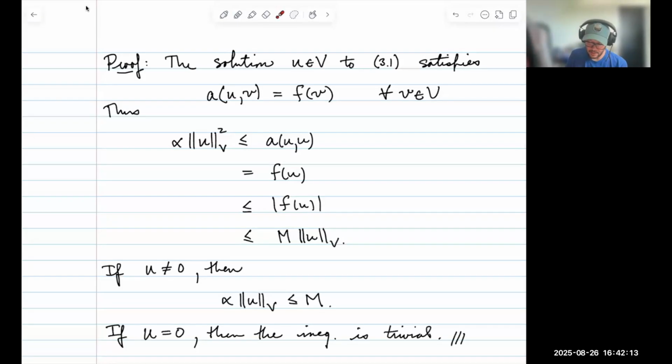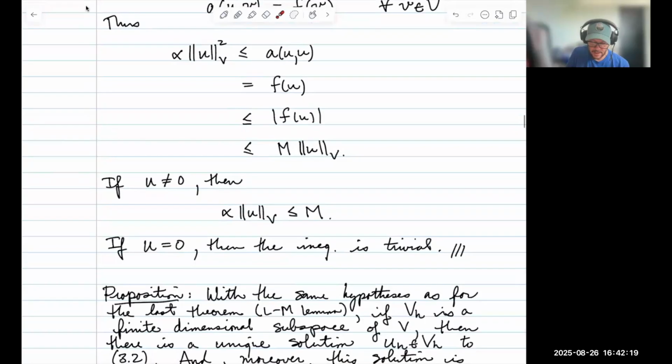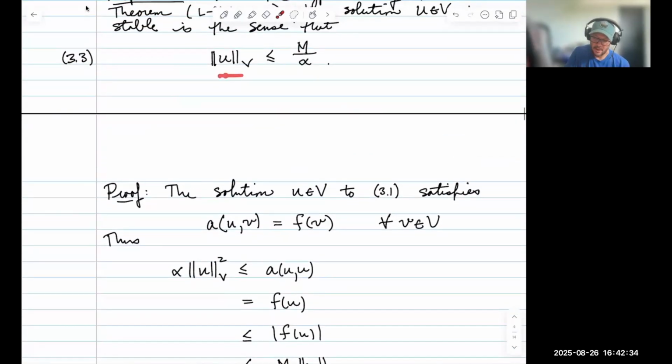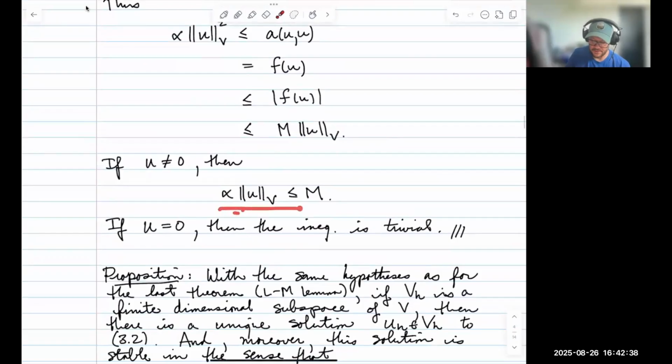Well, now I've got it because I've got the norm of U on both sides, and I'm going to cancel one of them. As long as U is not equal to zero, then I can apply the cancellation property because if I know that U is not zero, then the norm is definitely not zero. I can divide by the norm and I get this statement immediately, which is exactly the statement I wanted to prove.